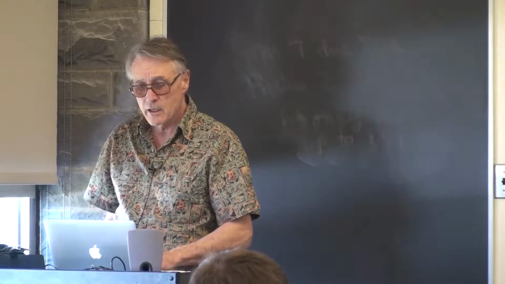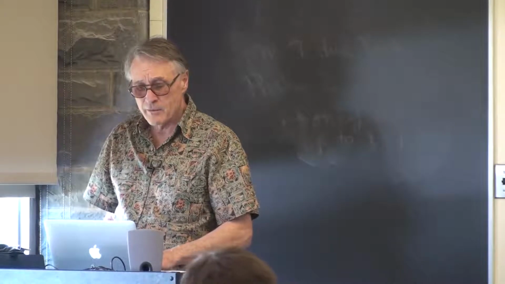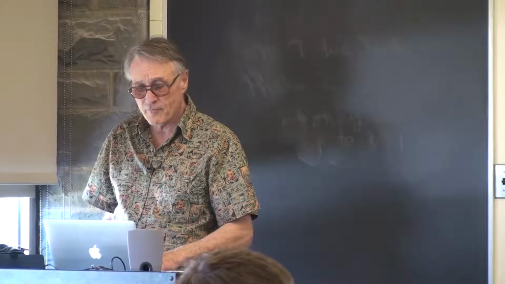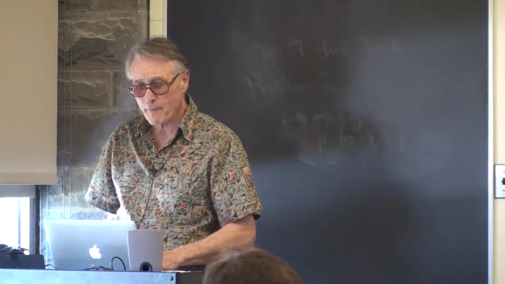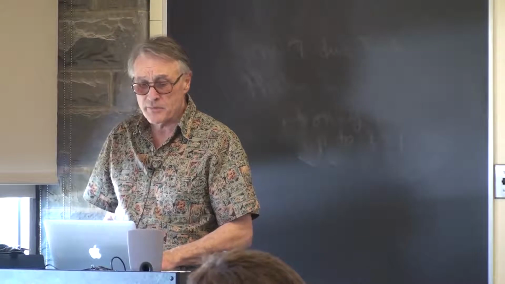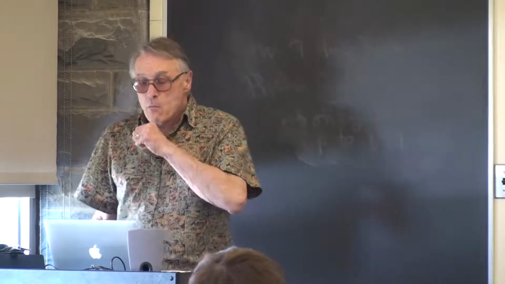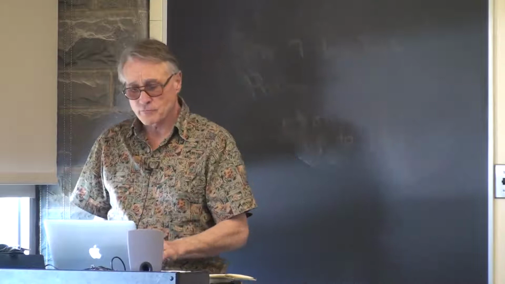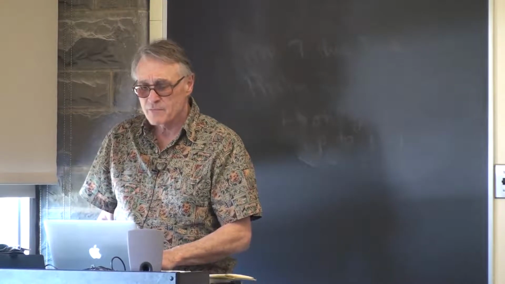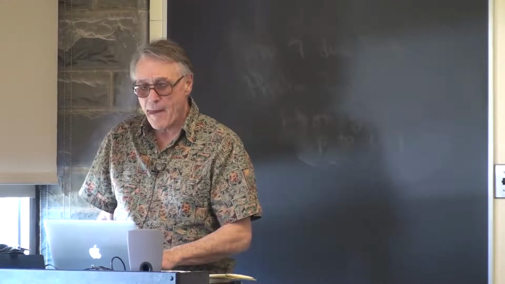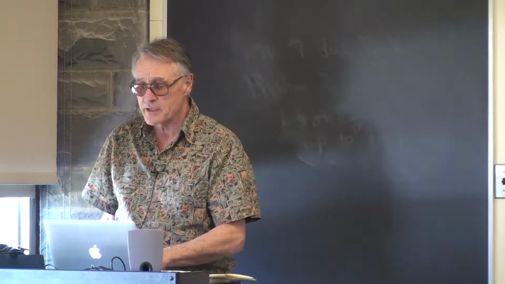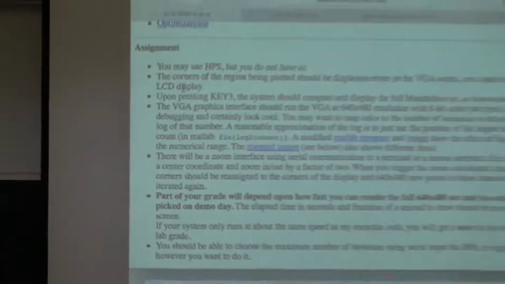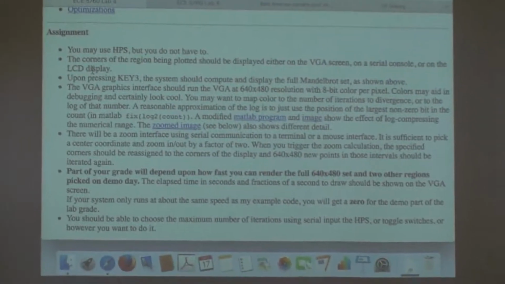The lab has some other requirements, not too many. You can use the HPS, but you don't have to. The corners of the region being plotted should be displayed either on the VGA, a serial console, or LCD display. That is to say, I want the coordinates in natural units.